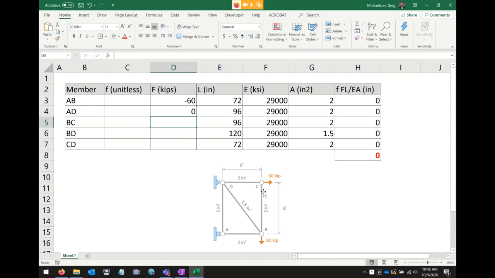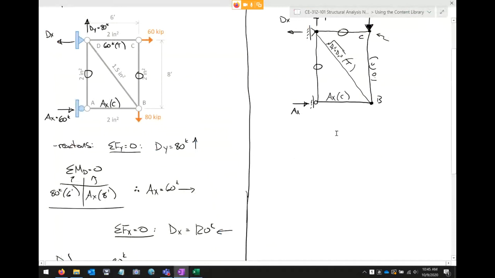BC, that's this vertical member. We got 0. Member BD, that's the 100 kips in tension. And then we've got 60 kips in tension right here. And there we go. Now we just chug out the same thing for the truss over here.